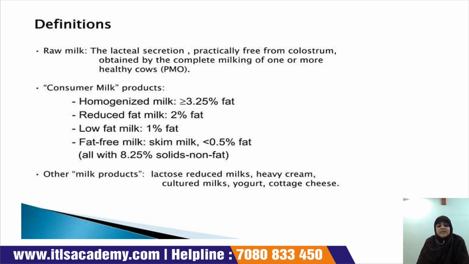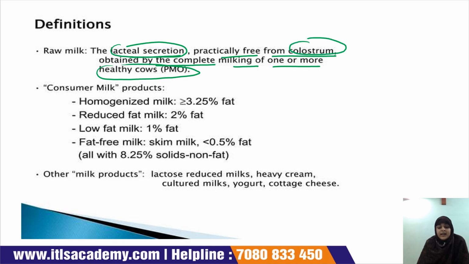Milk is a lacteal secretion practically free from colostrum, obtained by the complete milking of one or more healthy cows. Raw milk is a lacteal secretion free from colostrum, obtained by complete milking of one cow or more than one healthy cow, and it is considered as PMO.